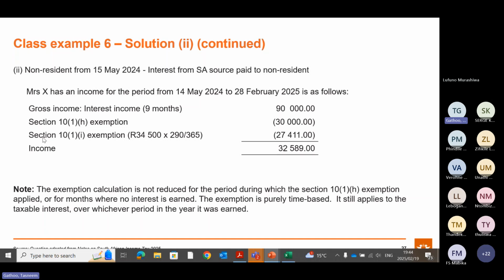Then for the other periods when she didn't qualify, we apply Section 101I, but remember, we need to apportion it for the days that she was non-resident. So here we would say 34,000 multiplied by 290 over 365 gives us that amount, and then the gross income minus your total exempt income gives you an income of 32,589.